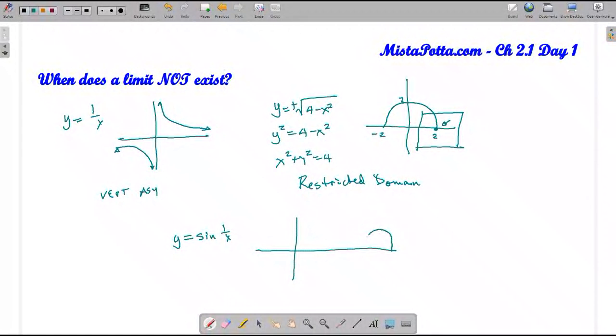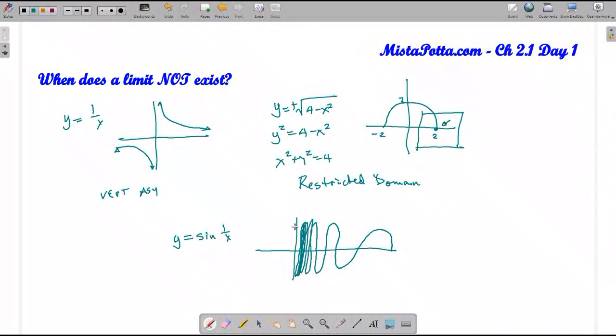I know that at pi sine is 0. But then the closer I get to the origin, the more times this function is going to go up and down, and up and down. It's going to oscillate an infinite number of times the closer I get to the origin.